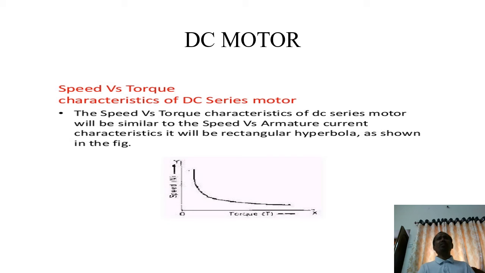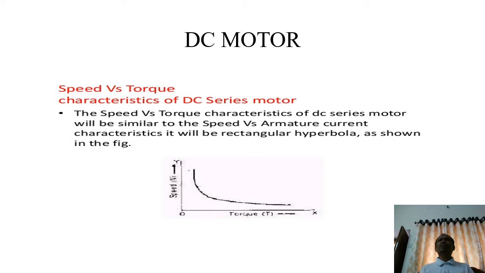But flux is constant in the case of shunt type DC motors, so N is directly proportional to Eb, the back EMF induced in the motor. Speed is directly proportional to the back EMF. Eb is equal to V minus Ia Ra, so N is directly proportional to V minus Ia Ra.